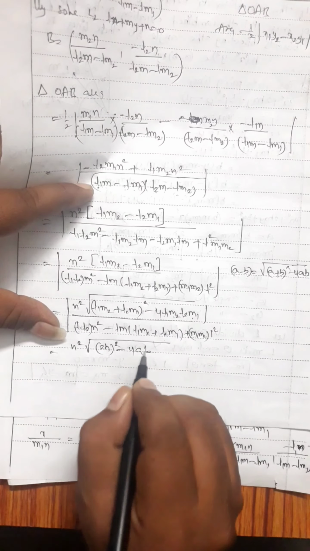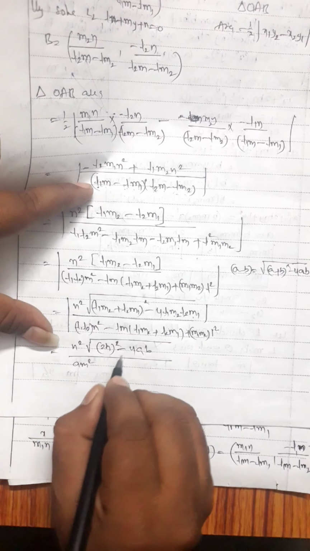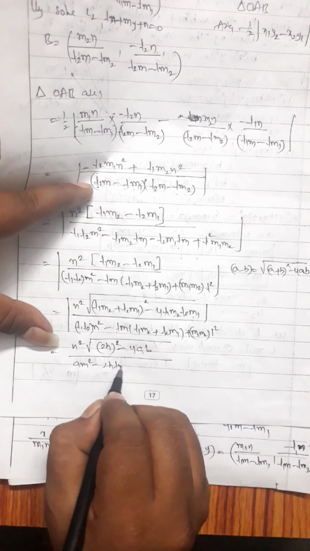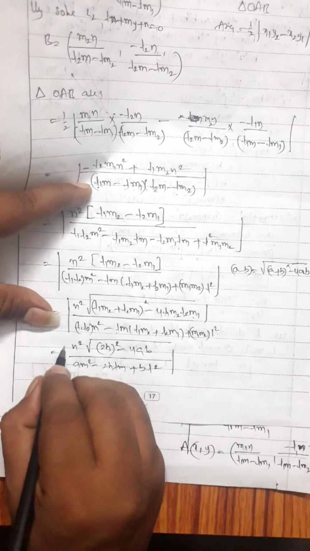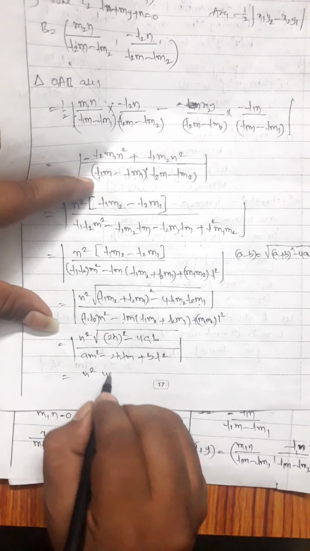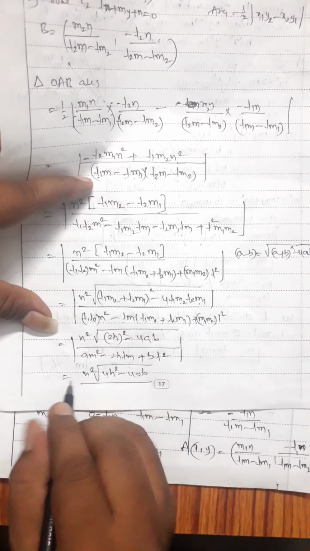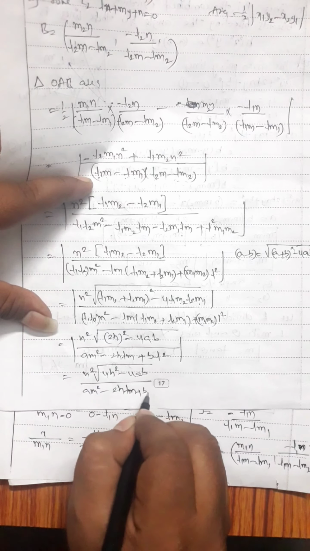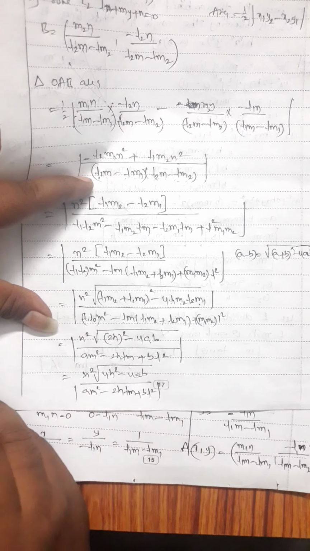Therefore a into b by L1 L2 is small a m square minus Lm, this is the value of 2h, so 2h Lm, plus b L square mod. So n square becomes the root of 4h square minus 4ab, by am square minus 2h Lm plus bl square mod. It is already a positive term, so we need to take the mod.